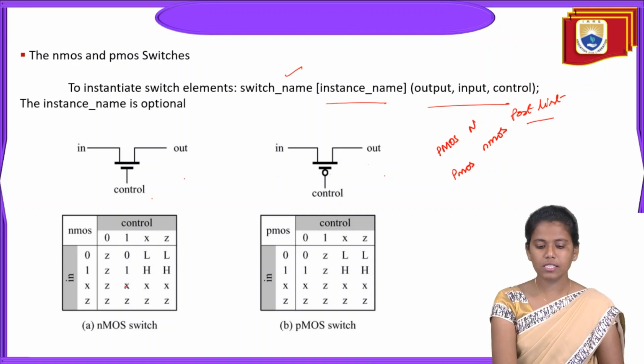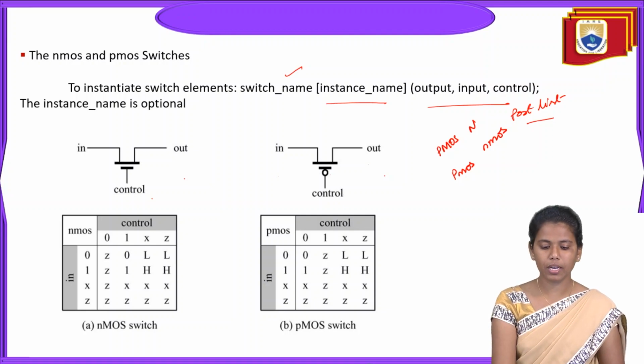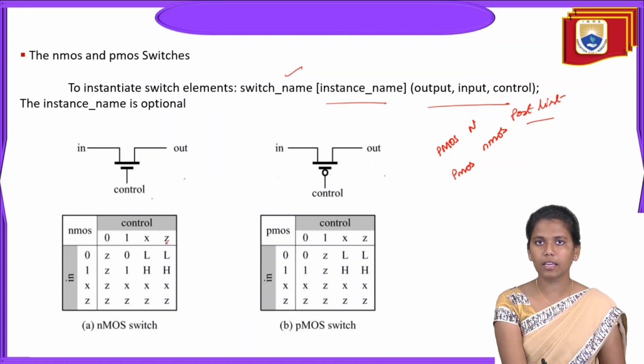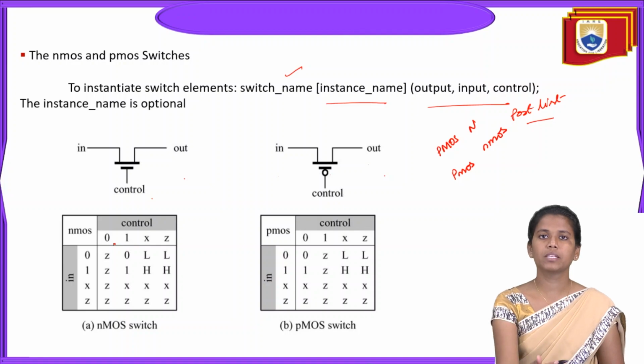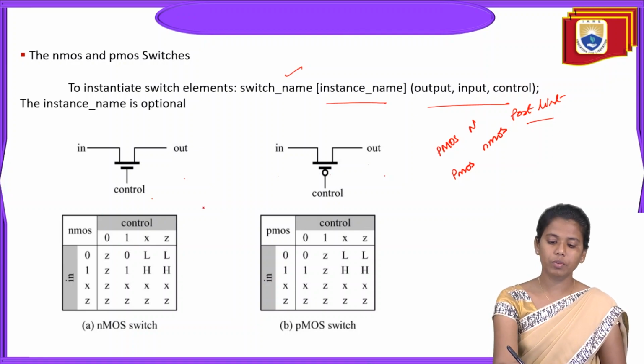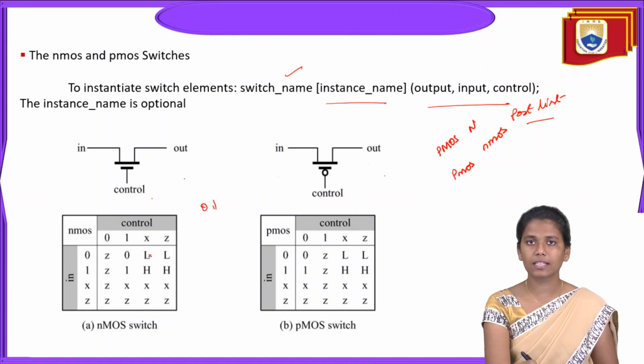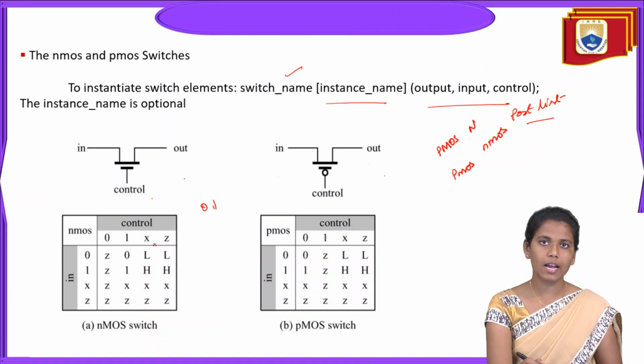Now this is a truth table based on the control signal and the input lines. Here we have 0, 1, X and Z. 0 and 1 are the basic binary values, Z is a high impedance value, and X is an unknown, don't care condition.